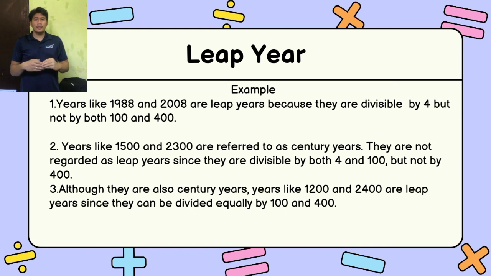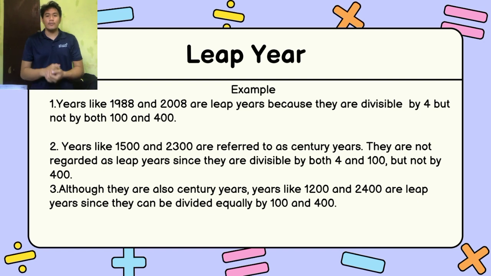How can we tell whether a given year is a leap year? Any year that is divisible by 4 but not by 100 qualifies as a leap year.